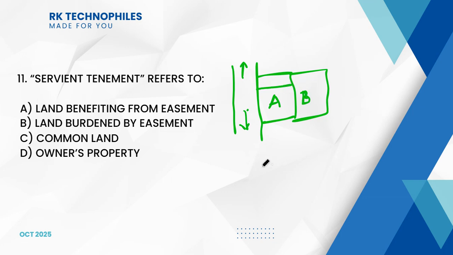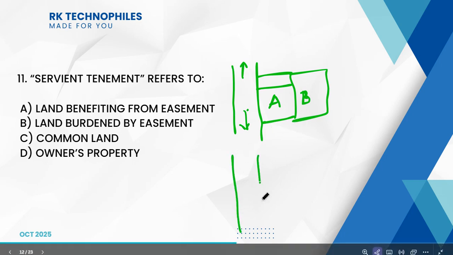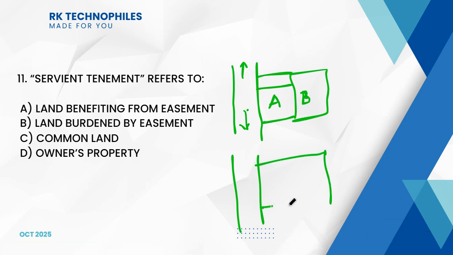Okay, I will explain in another way. Initially it is like this. The entire property belongs to A.